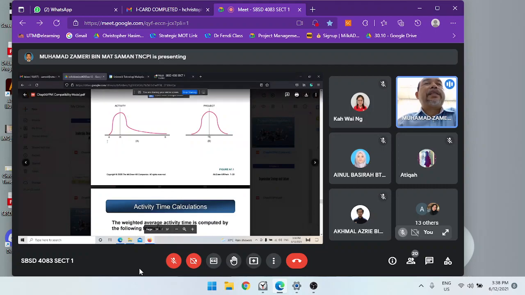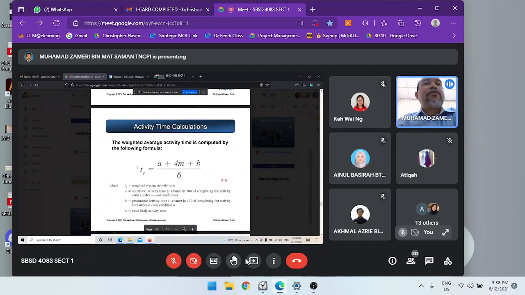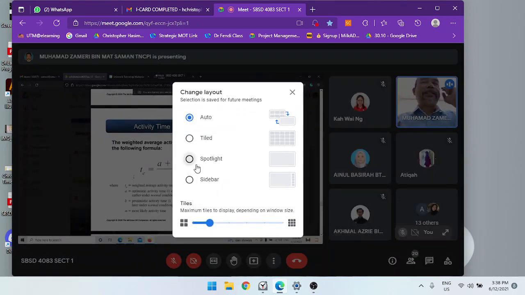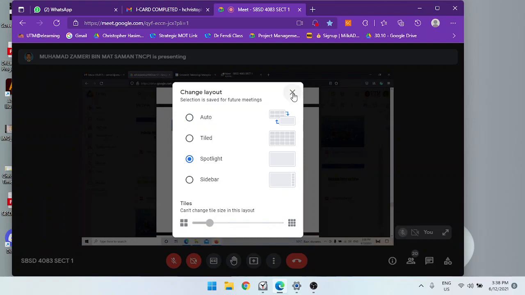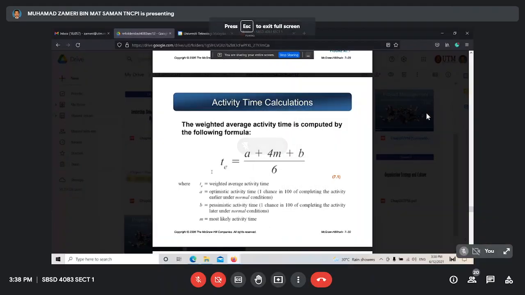Because we have three types of time, we need to identify the average. In simple words, for the CPM that I already taught you in chapter 6, we only have one time for one activity. Let's say activity A, 5 days. Activity B, 10 days. One type of time only.